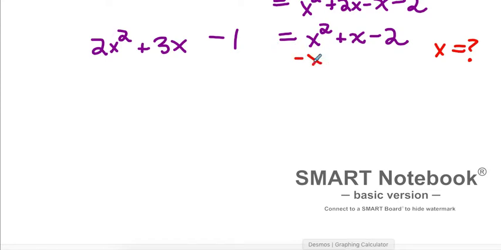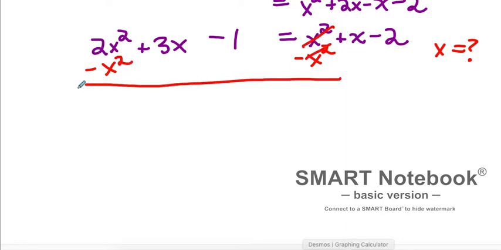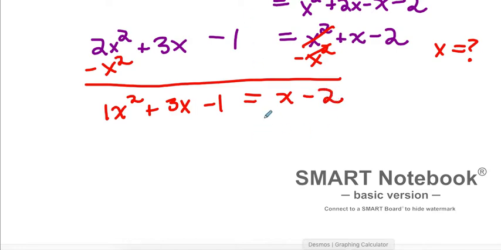So let's do that. Minus x squared, minus x squared. These will cancel, so this is x squared plus 3x minus 1 equals x minus 2.